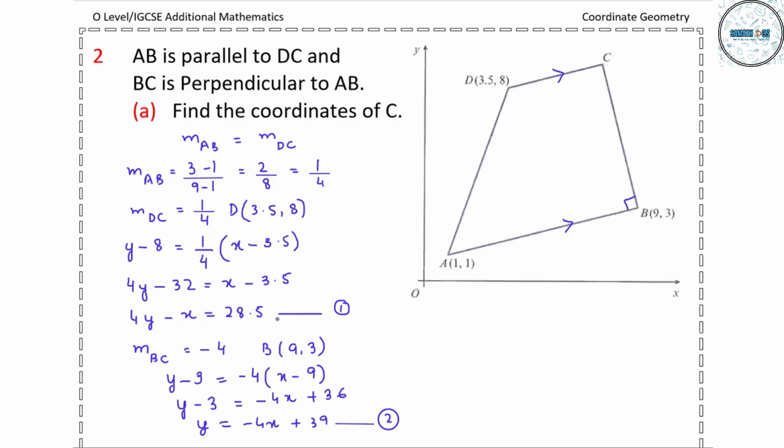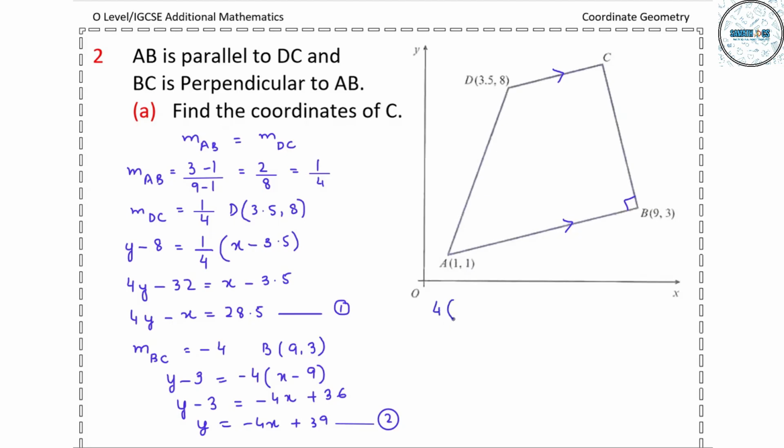Now, we will solve these two equations simultaneously to find out the coordinates of C. We have y is equal to minus 4x plus 39. We can substitute this directly into equation 1, where we have 4y minus x is equal to 28.5.